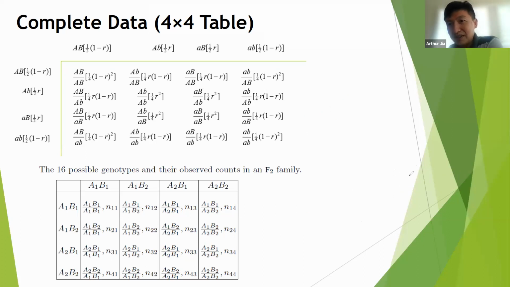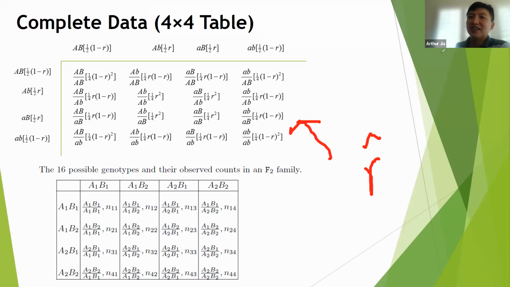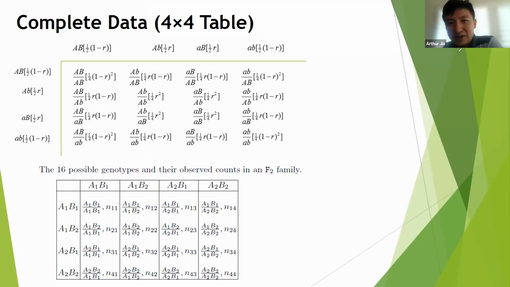Then you can easily derive the maximum likelihood estimation for this parameter, R, which is what we want to estimate. We also want to test whether R is less than 0.5 or not. Once you get a p-value, you can easily make your conclusion: these two genes are linked, or these two genes are unlinked. This is what we do.